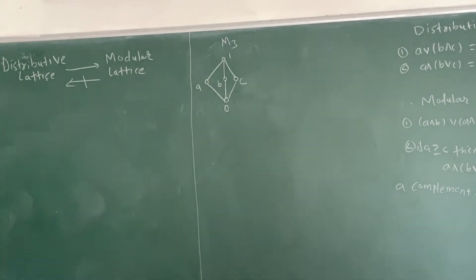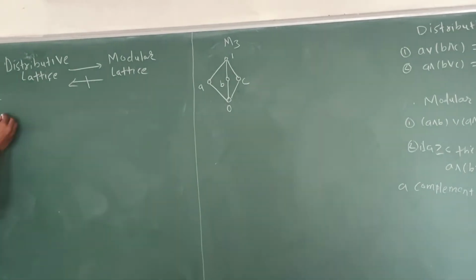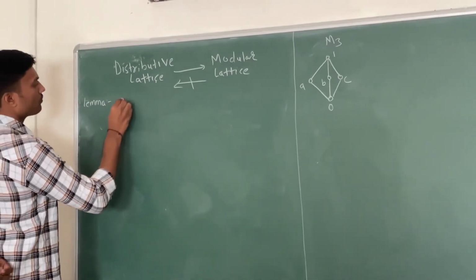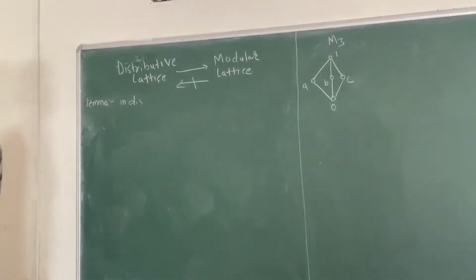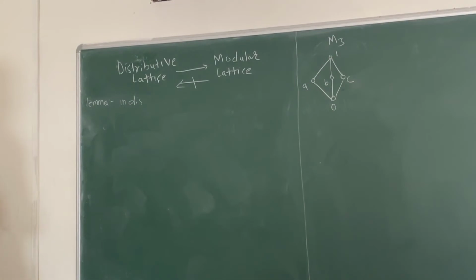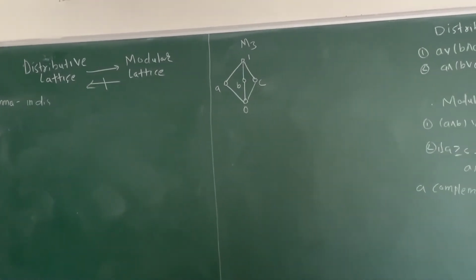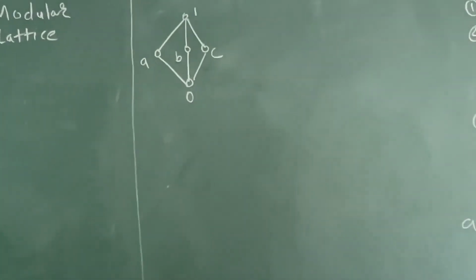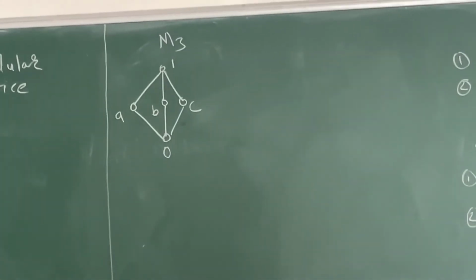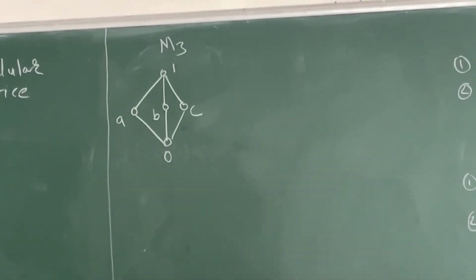Now, can you give one or two elements which are complement to each other? What can you say about A and B? Is A the complement of B? If you take A and B, their meet is 0 and their join is 1. Suppose you take A and 1, is A the complement of 1?